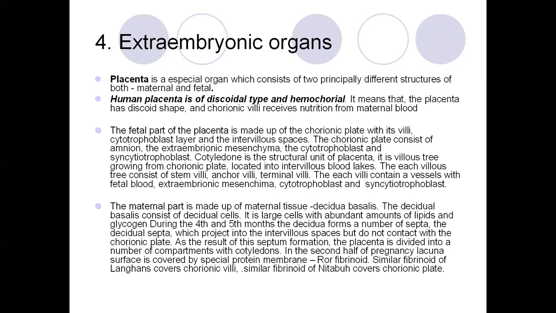This is the maternal part, maternal tissue with maternal DNA. So, the placenta is a special organ which consists of two parts: the maternal part and the fetal part. The fetal part is the chorion with its villi. The maternal part is the mucosa of the uterus.